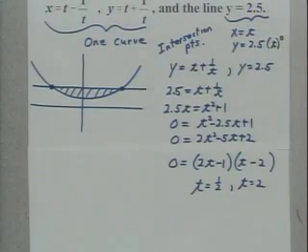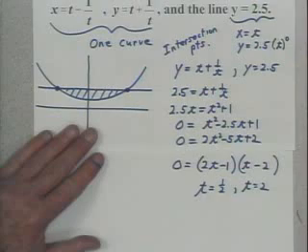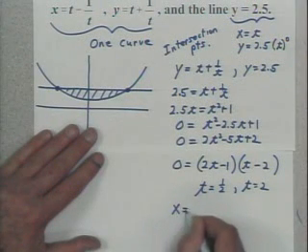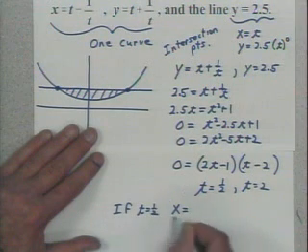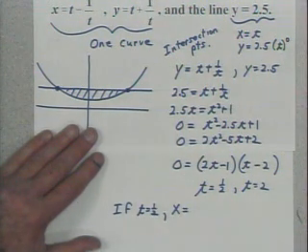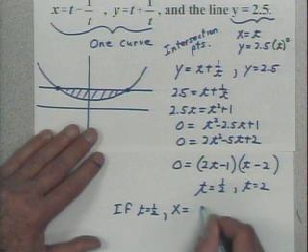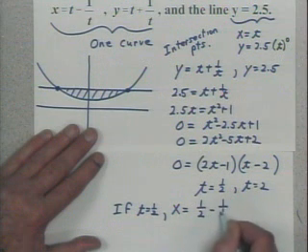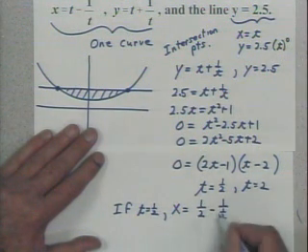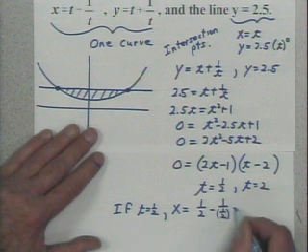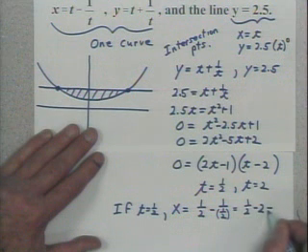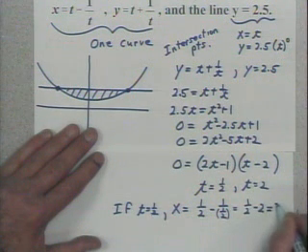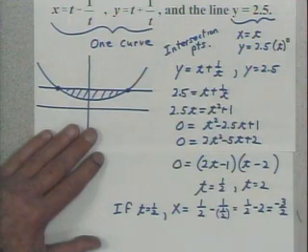All right, that tells me the t values, but it doesn't give me those points. So, if t equals a half, what is x? According to the parametric equations, it's 1/2 minus 1 over 1/2, which is like 1/2 minus 2, which is like minus 3/2.